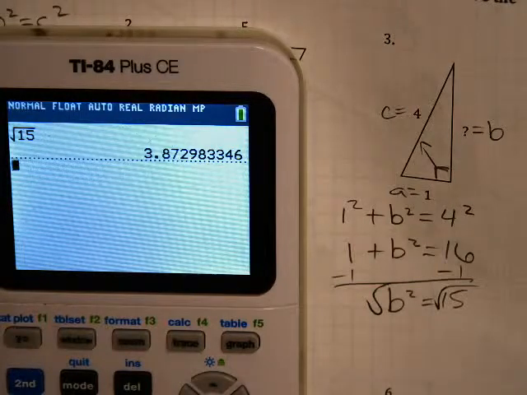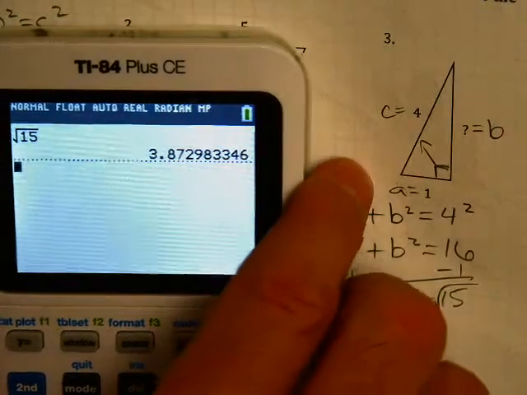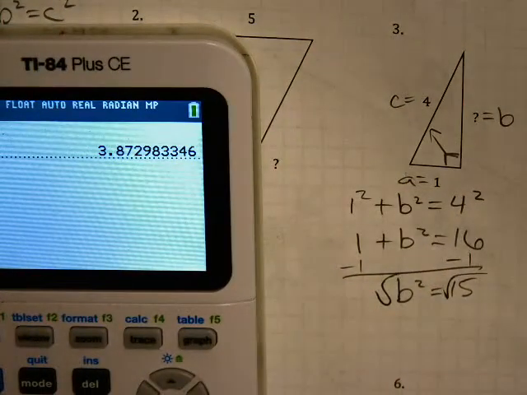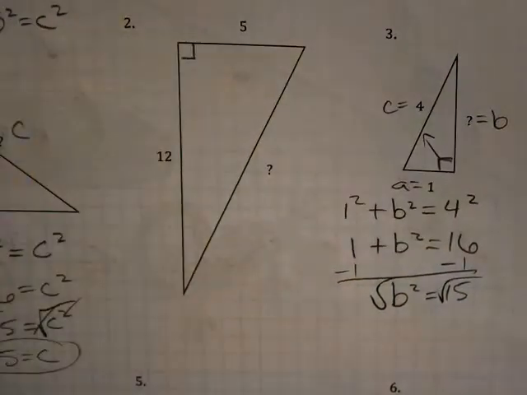Where do I round it? I don't say it's 4, I can tell you that. Because 4 is the hypotenuse. I can't have two sides that are the same length. I can't have two hypotenuses. I think the nearest tenth would work. So what would that be? Yeah, the 3.9 would work.